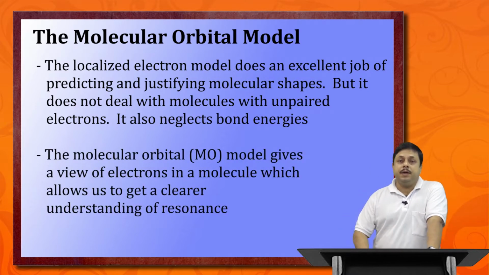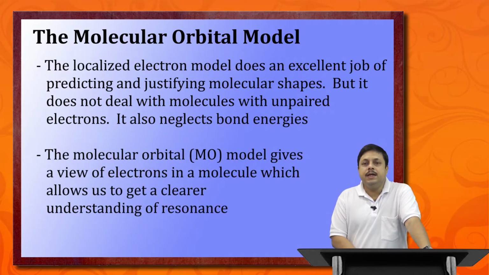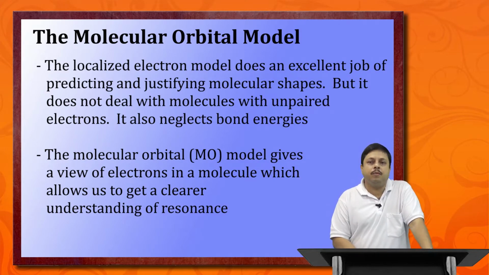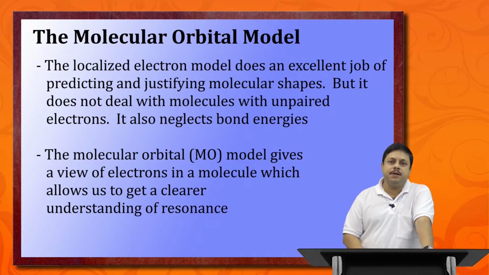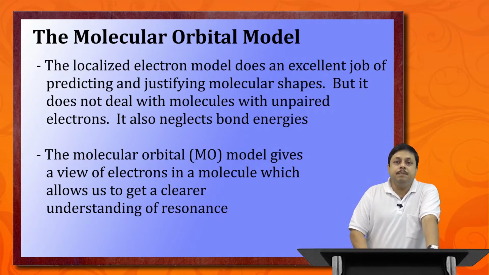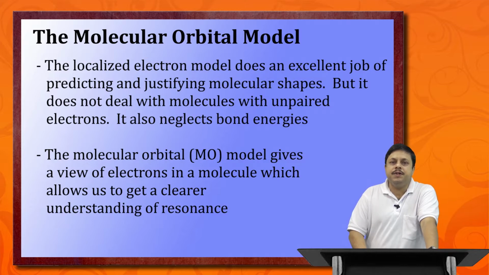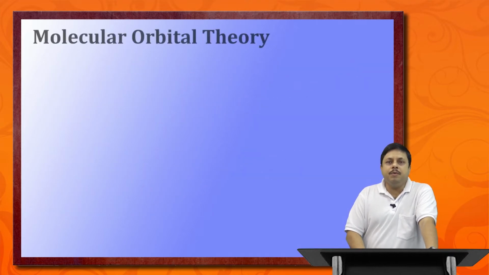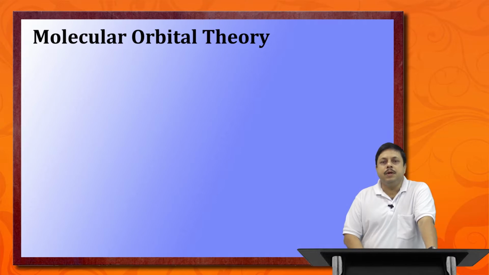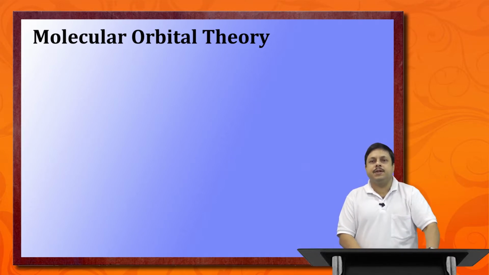The molecular orbital theory is a more quantitative form, a better theory or model for bonding, because it clearly gives us an idea of the corresponding energetics associated with these bonds. Molecular orbital theory also predicts the idea of resonance.